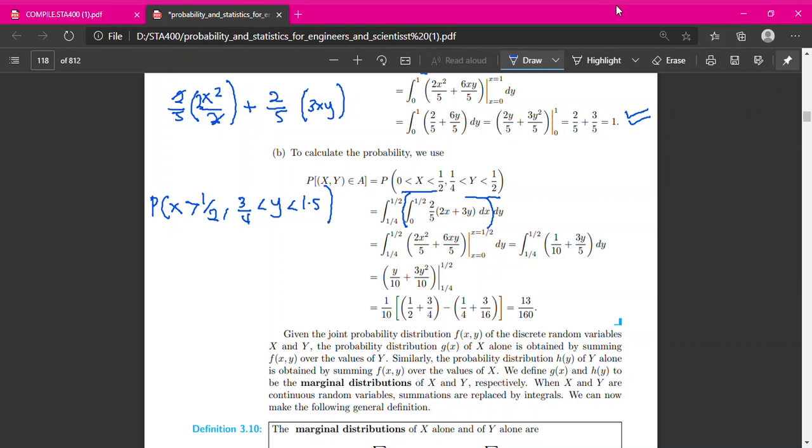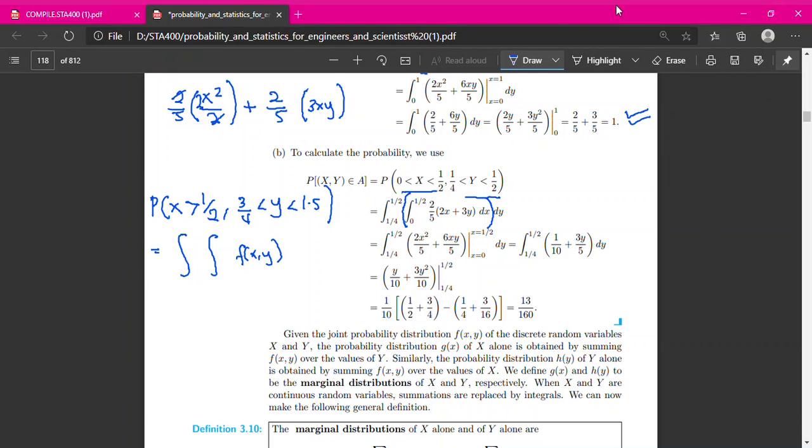Okay, so what you need to do is, you need to do the double integration, kan, of the joint PDF sebab dia ada x dan y. Kena buat double integration of the function fxy, the joint function fxy.